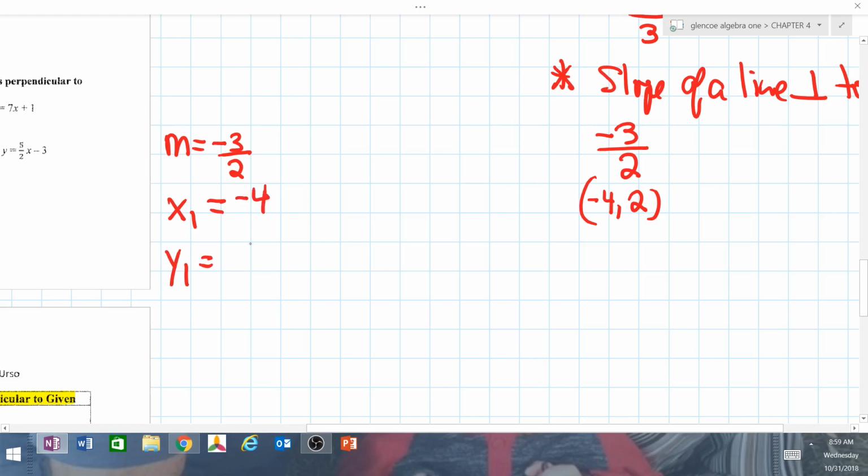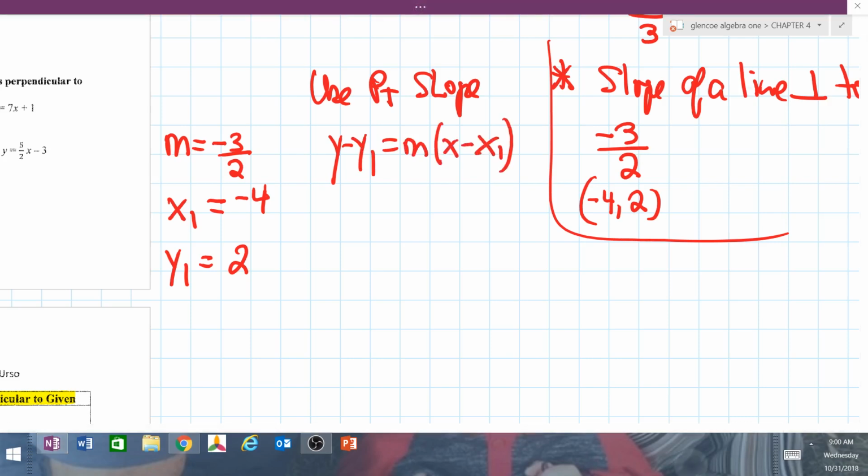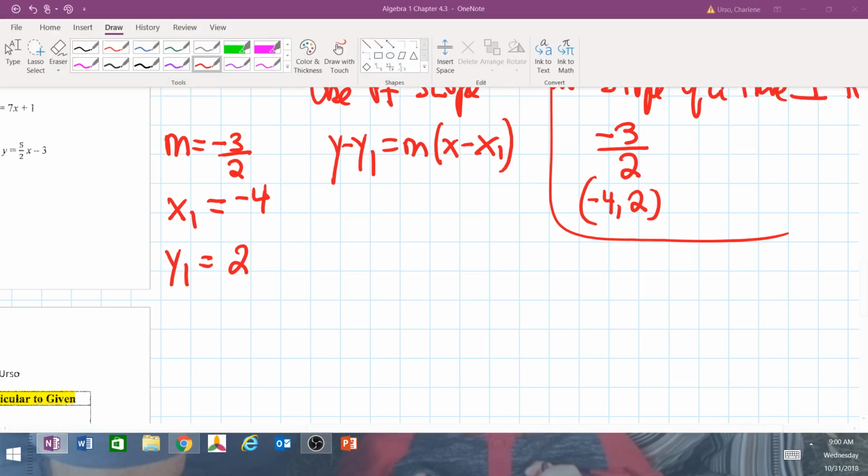What's y1, guys? Okay, what form am I going to plug it into? Point slope. So now we're going to use point slope, and it will be y minus y1 equals m times x minus x1.